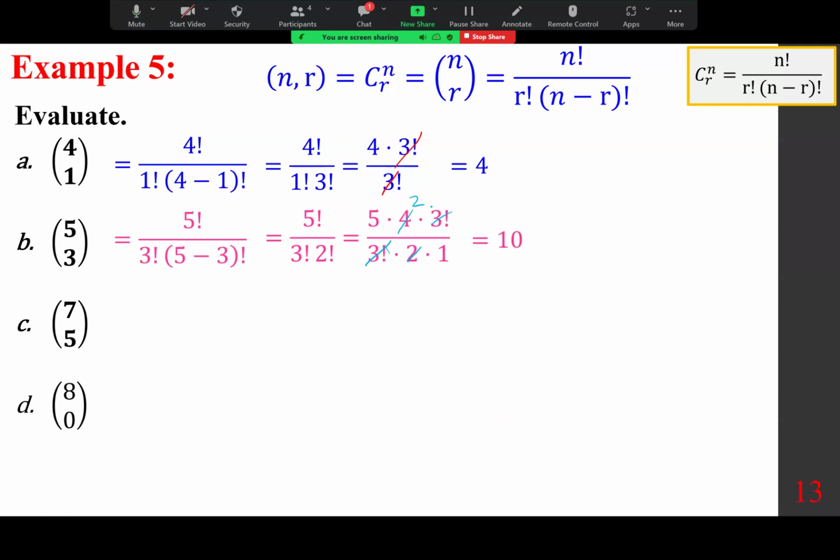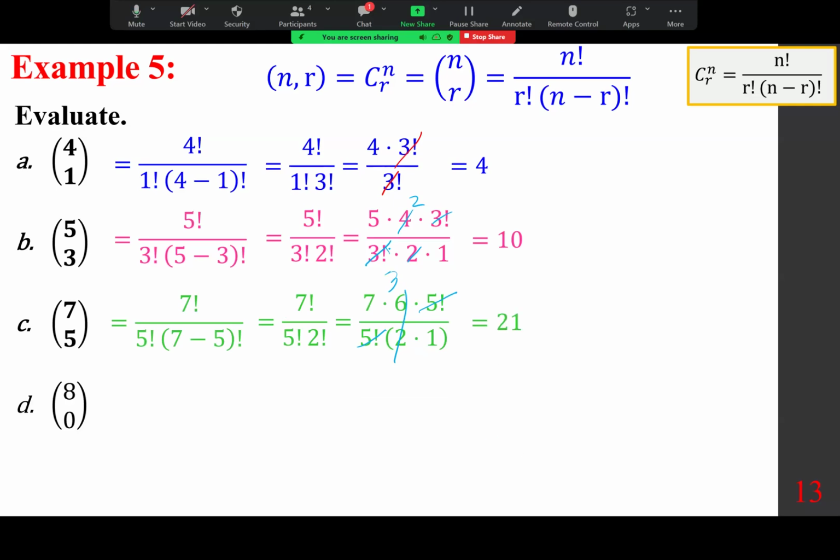7 and 5, we want to choose 5 out of 7. 7 choose 5. Combination, 7 factorial over 5 factorial times 2 factorial. So the 7 becomes 7 times 6 times 5 factorial. These two cancel each other. 6 divided by 2 is 3 times 7, 21.